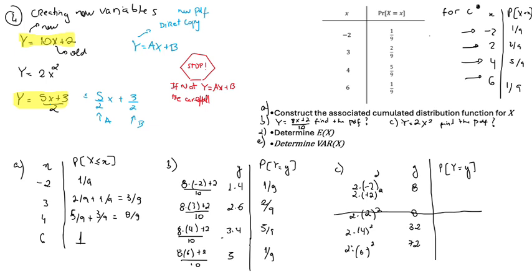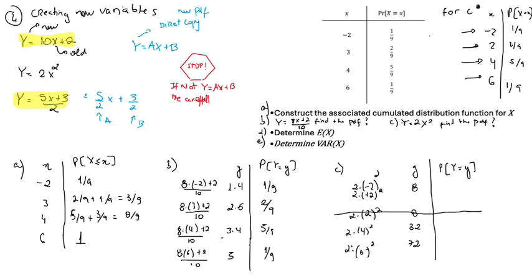And now we have to find the PDF. I cannot directly copy in this case. So let's reason how it goes. What's the probability of my newly created variable taking on the value 8? Well, it is the probability that x is equal to -2, or x being 2.